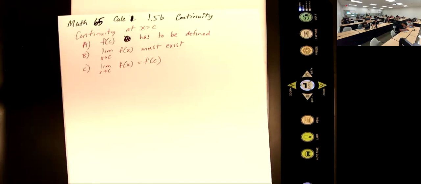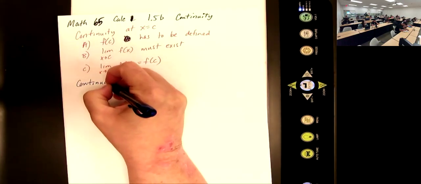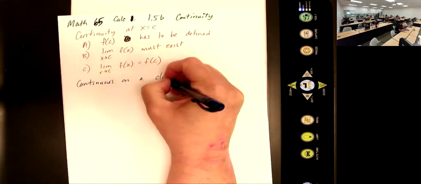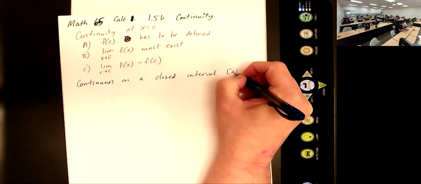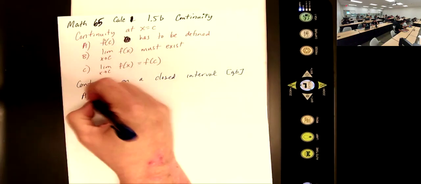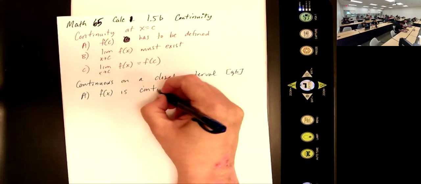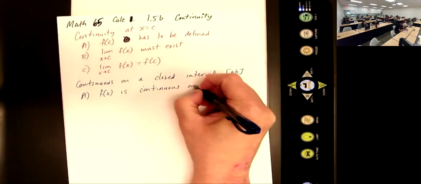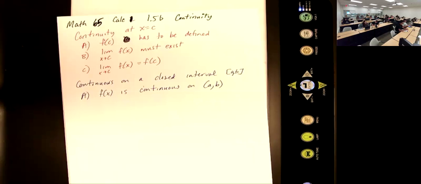Then we had, if it was continuous on a closed interval. This is all a quick recap. On closed interval AB, it had to be continuous on the open interval, so everywhere between, it's continuous at every point in between.